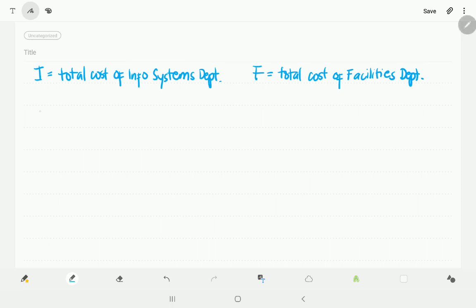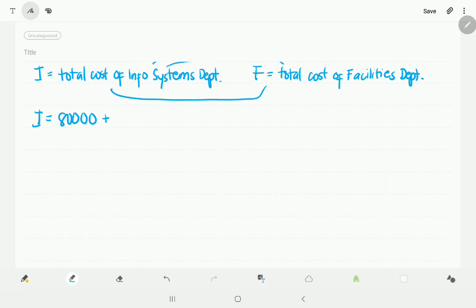So for I, we have the following. I is equal to 80,000, which is the direct cost of the information systems department, plus a portion of the cost of the facilities department. Look at the table we have prepared earlier. You really have to be careful, because if you pick up the wrong percentage, your computation will be put to waste.